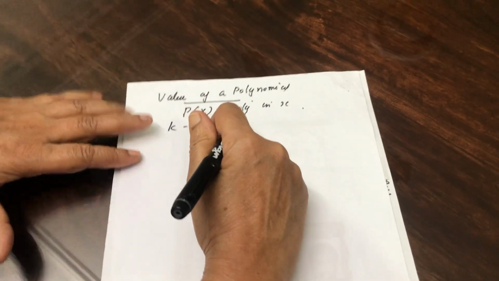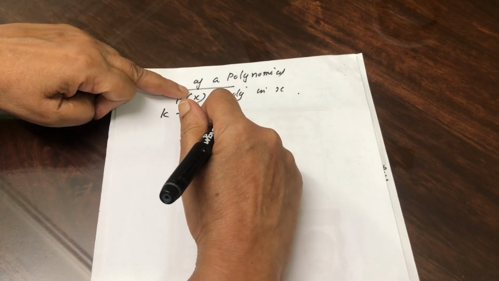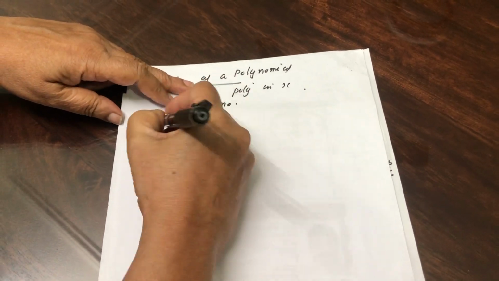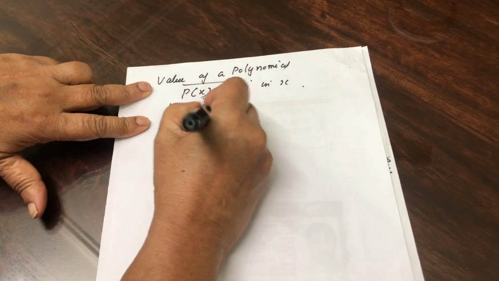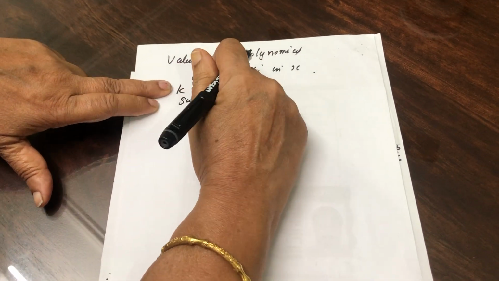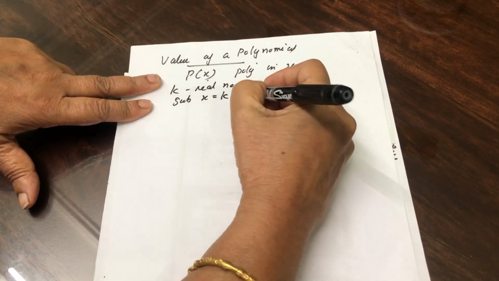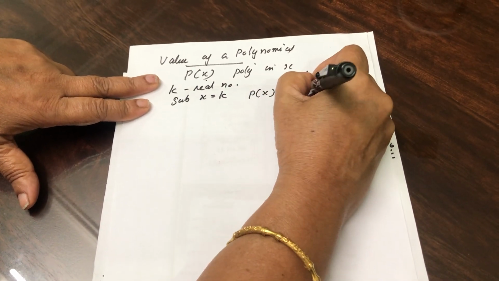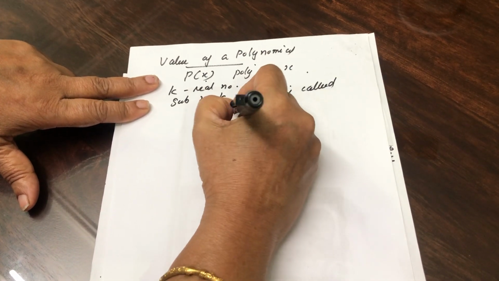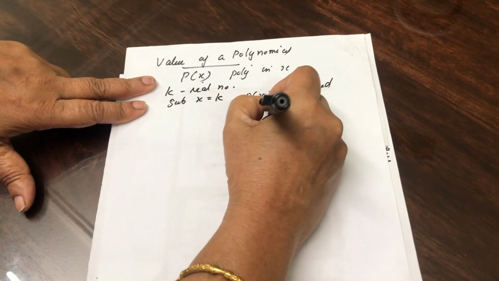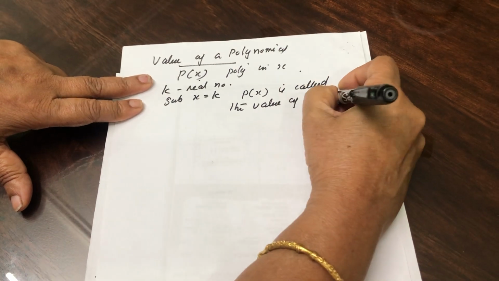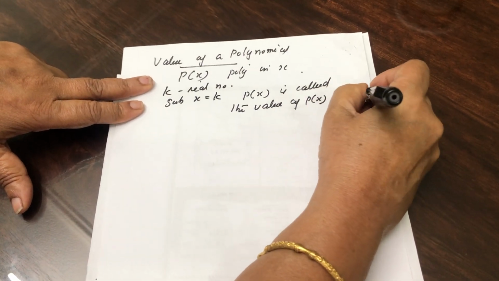Then you substitute the value of k in this polynomial. So substitute x equal to k in this polynomial. Then p(k) is called the value of p(x) at x equal to k.